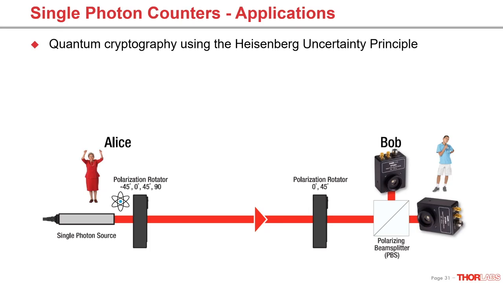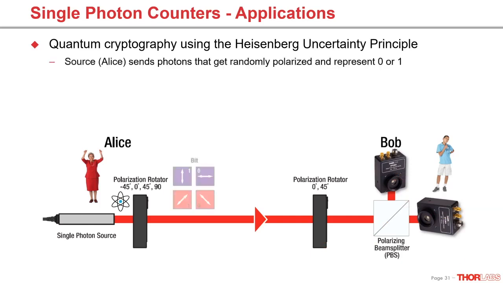The setup consists at the transmitter side of a single photon source and a polarization rotor for 4 states. On the receiver side is a polarization rotor for 2 states, a polarizing beam splitter, and 2 single photon detectors. Alice at the source side sends bits which get encrypted by the polarization state.